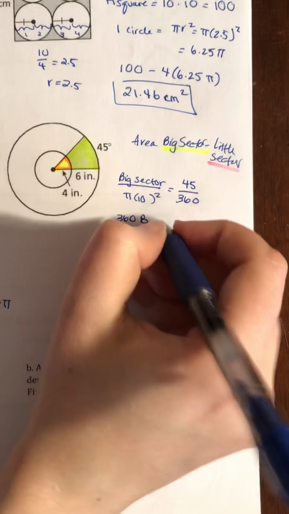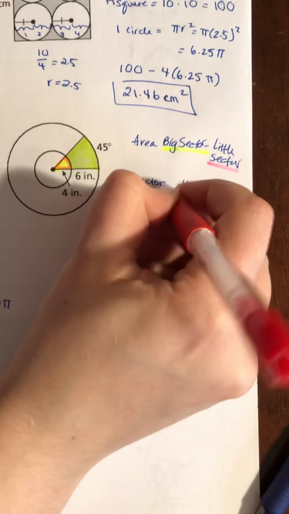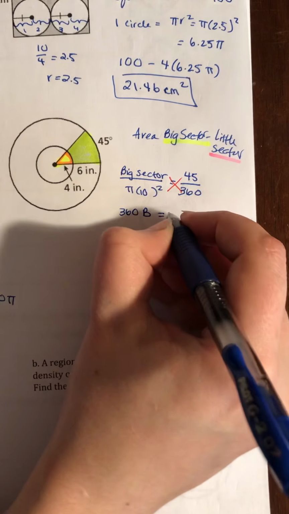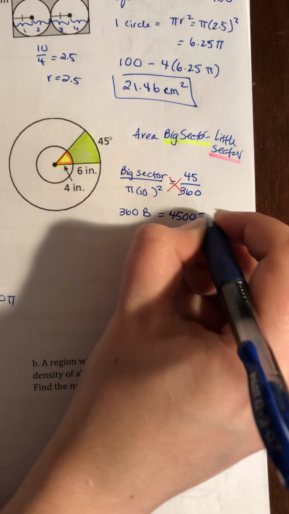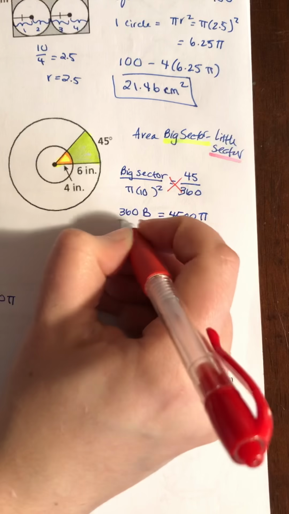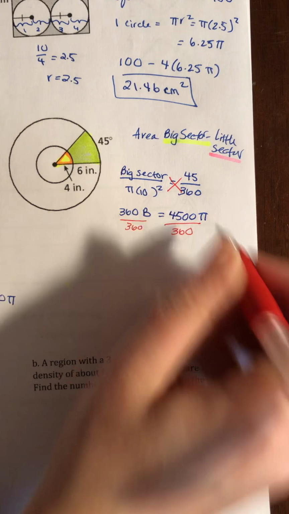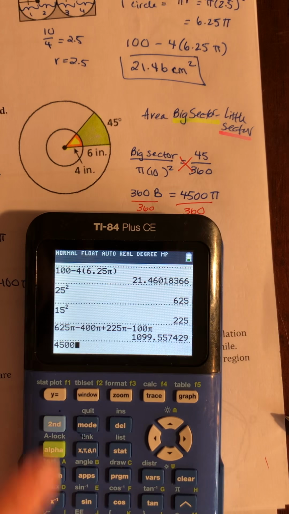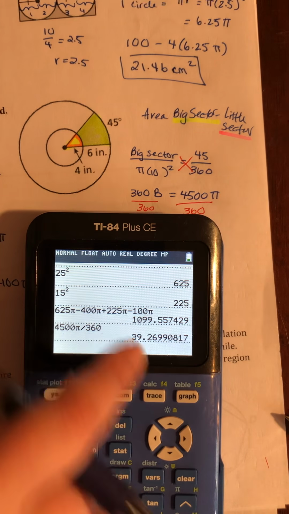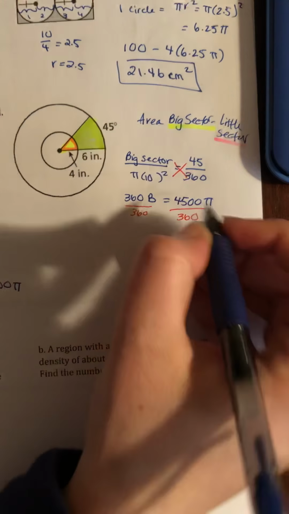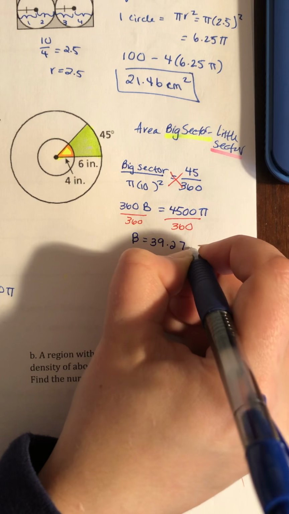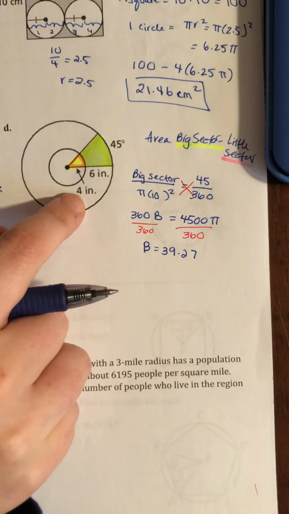So 360b, because I'm cross multiplying, equals 100 times 45, 4,500 pi, divide by 360. 4,500 pi divided by 360 is 39.27. So that's the biggest one.